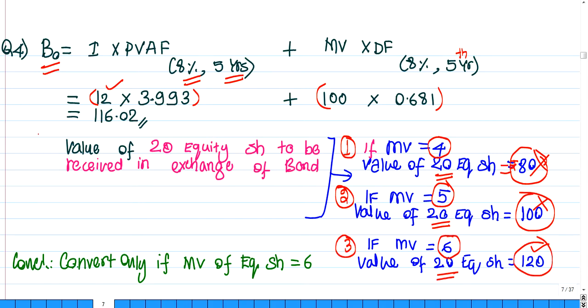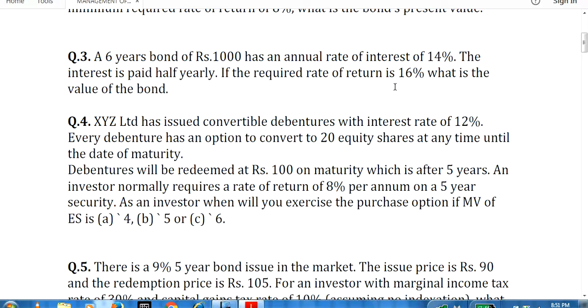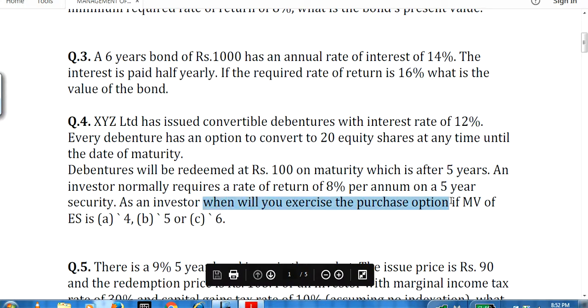That is more than the value of the bond. So in the third situation, I can convert. That is the conclusion. Convert only if the market value of the equity share is 6 rupees. So it is asked, as an investor, when will you exercise the purchase option? If the market value of the equity share is 6.